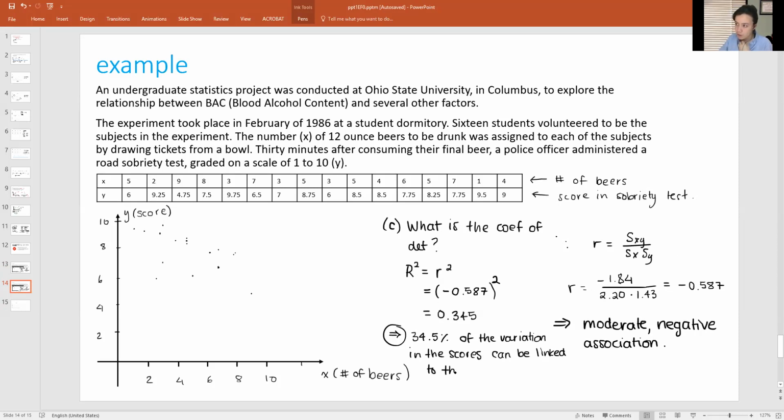Which means that if you get a good or bad grade in the sobriety test, only 34.5% of what explains it is the number of beers that you have, which is somewhat significant, but it's really not that much, right? If you want a sobriety test, you would like it to be a little bit more indicative.